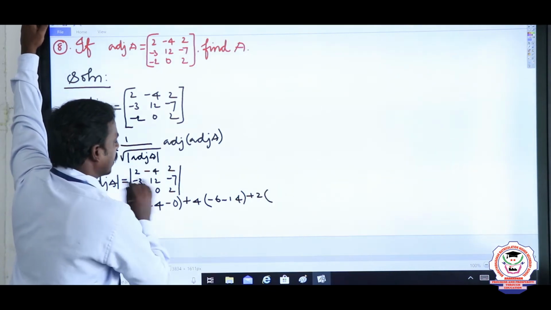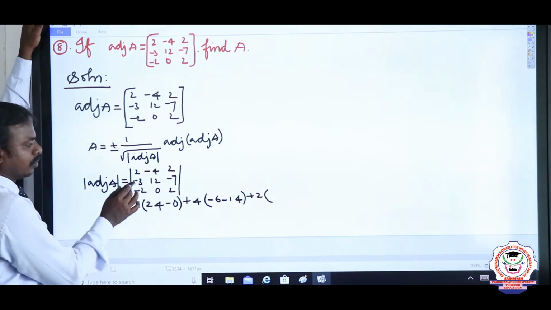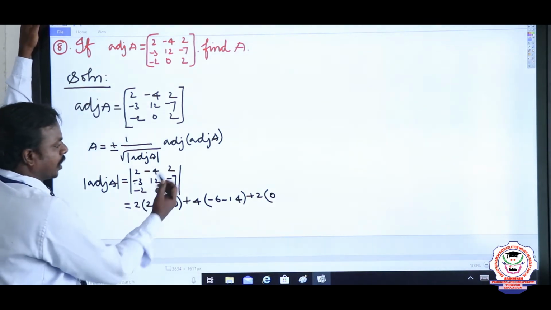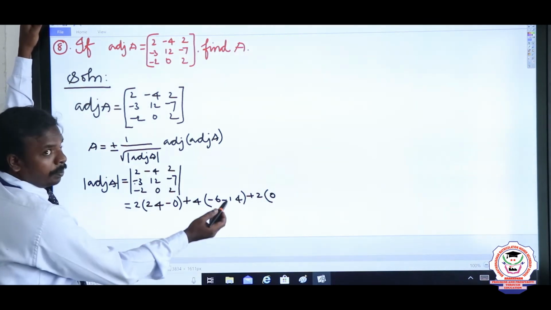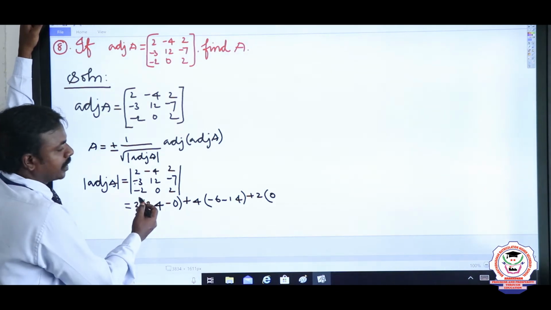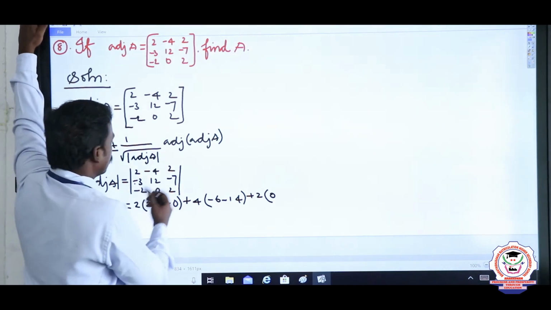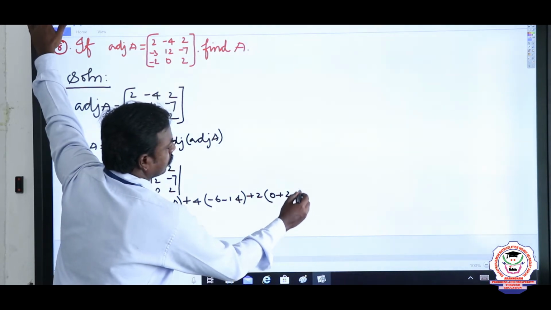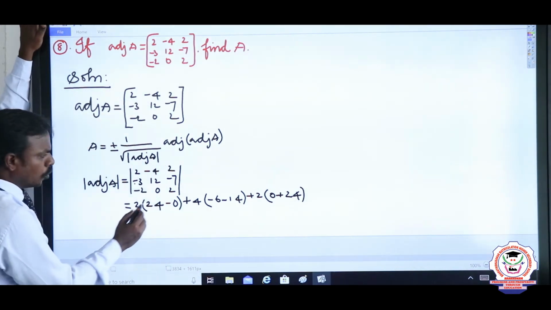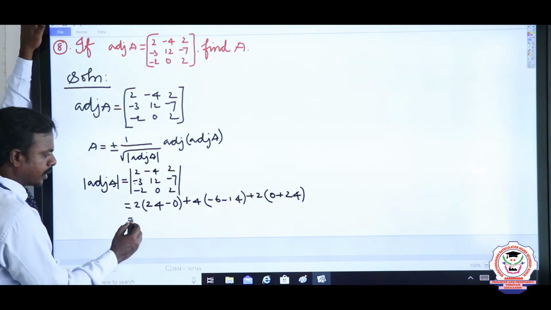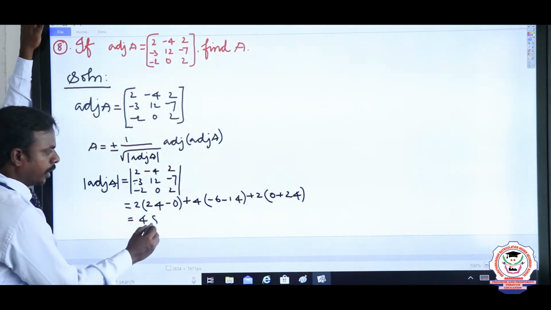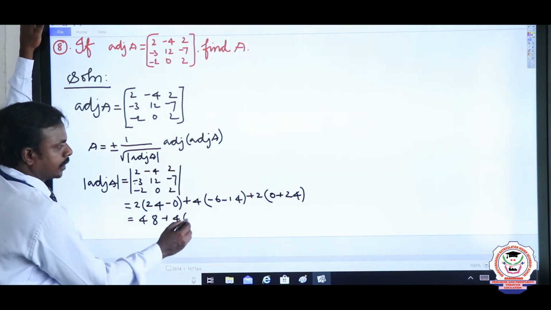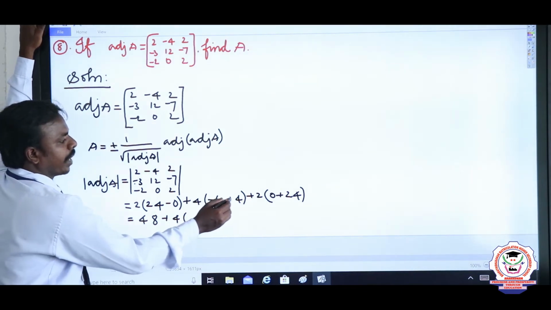Omit the first row and last column. The remaining values: minus 3 into 0 is 0. One minus should come while taking the other diagonal multiplication, and already one minus is there, so minus to minus plus 2 into 12 plus 24. So 2 into 24 is 48, plus 4 into minus 6 minus 14.